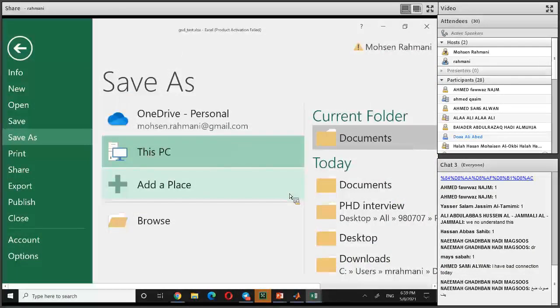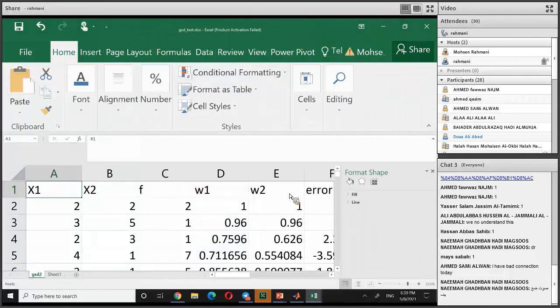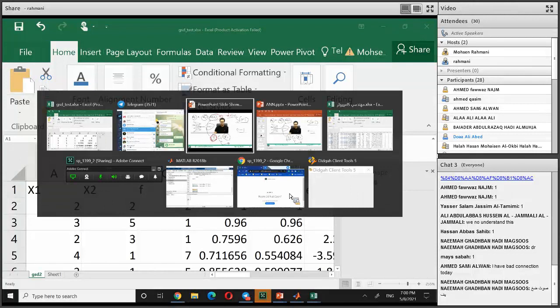Please have a look at this file. Excuse me for the connection, I don't know what's happening, but I want you to see this file. This is a description of the GD formula using a very simple example. Please do this.